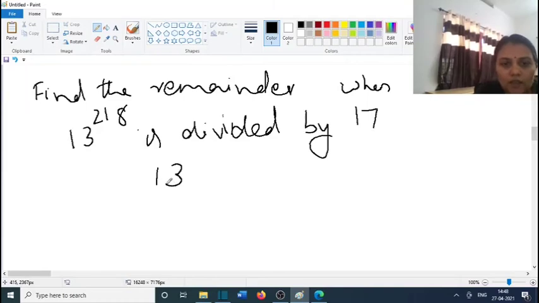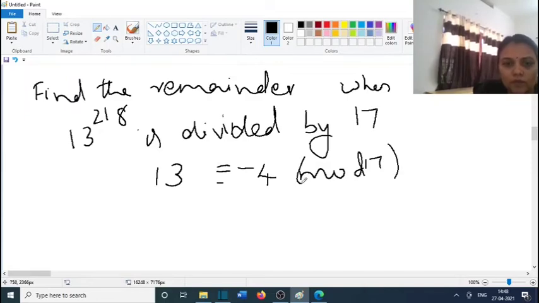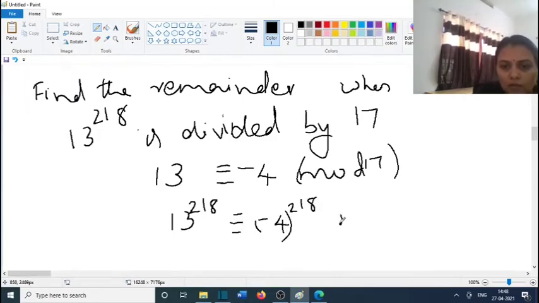Next problem is find the remainder when 13 raised to 218 is divided by 17. We know that 13 plus 4 equals 17. So 13 is congruent to minus 4 mod 17. So 13 raised to 218 is congruent to minus 4 raised to 218 mod 17.